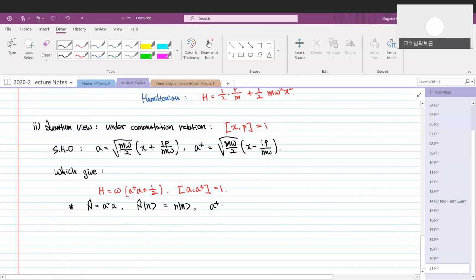And a behaves like this: a acting on n gives root n minus 1.